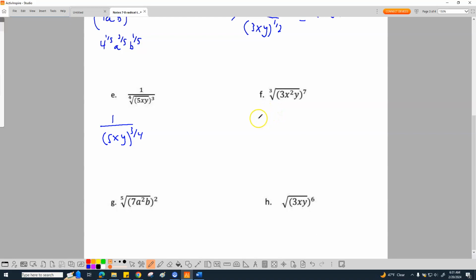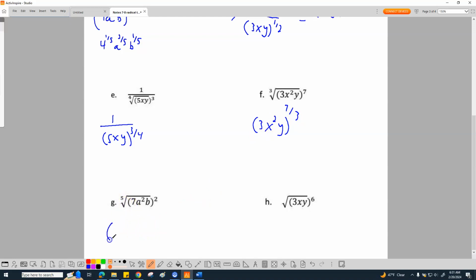So we have 3x squared y to the what now? It is going to be 7 over 3. That's it. It's not that big of a deal. And you could evaluate this by, again, multiplying each of the exponents. But we're not going to do that because I've already done this.